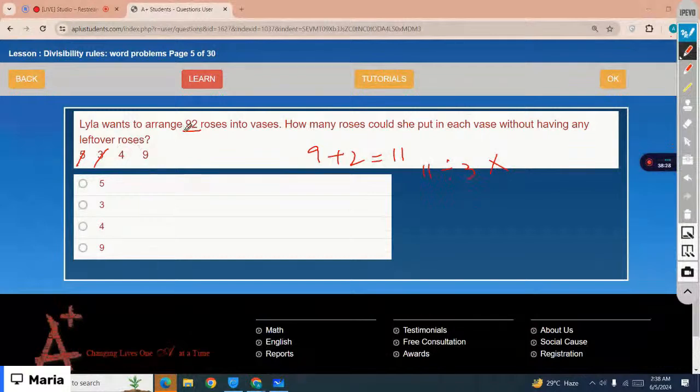The divisibility rule for 4 is that the last two digits must be divisible by 4. Let's check if 92 is divisible by 4. 4 times 2 is 8. 4 times 3 is 12.